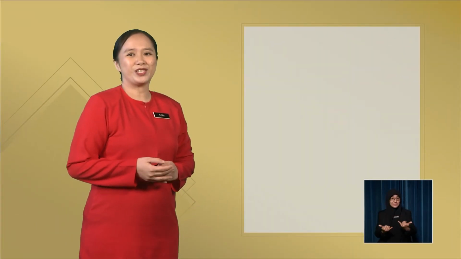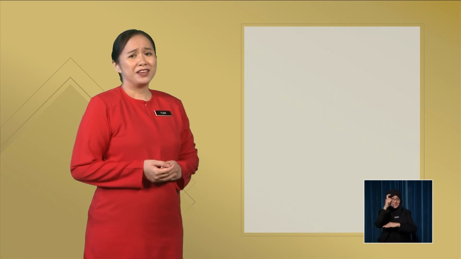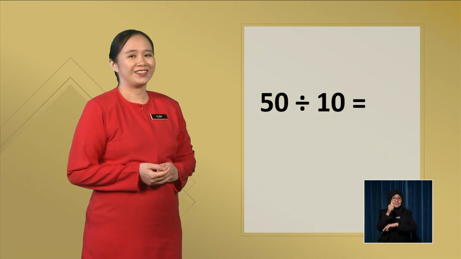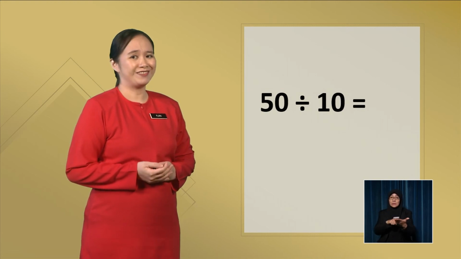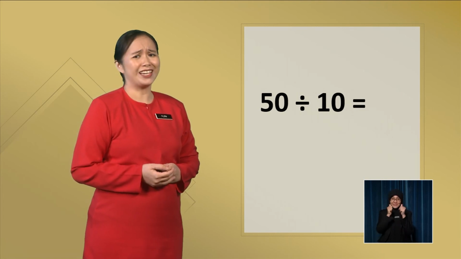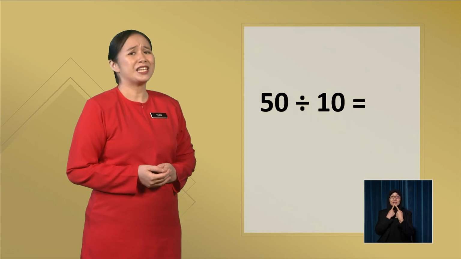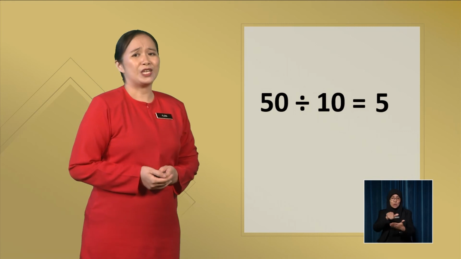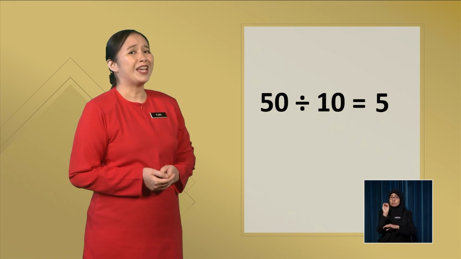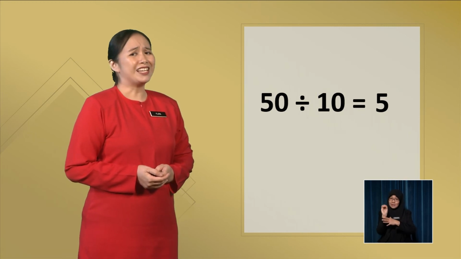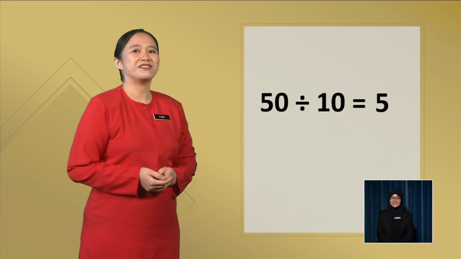Now it's your turn to try the next question. 50 divided by 10. What is your answer? Great job! You're right. The answer is 5. All you need to do is to eliminate the 0 at the end of 50. That is how we get the answer 5.